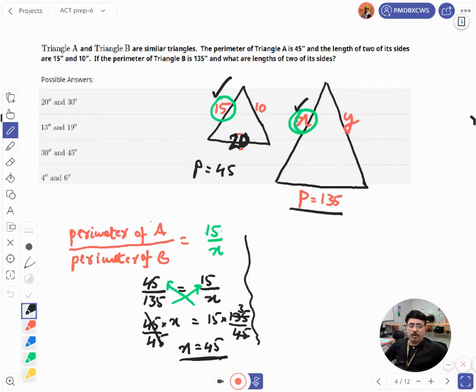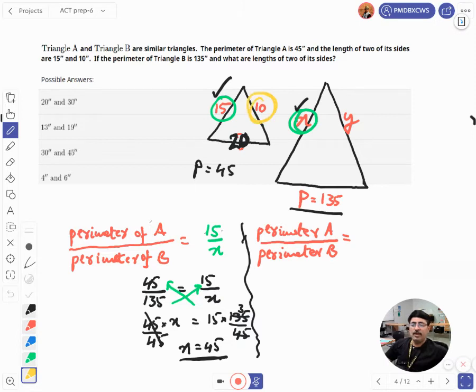Again, we are going to use the same rule, which is the perimeter of the first triangle over the perimeter of triangle B equals, this time I'm taking 10 and y. So the numerator is 10, that is the first triangle, and the second one is y.